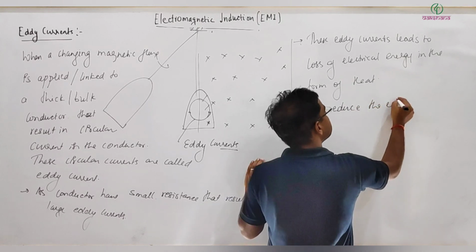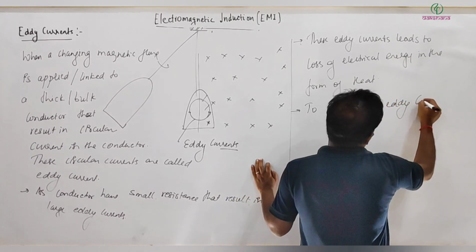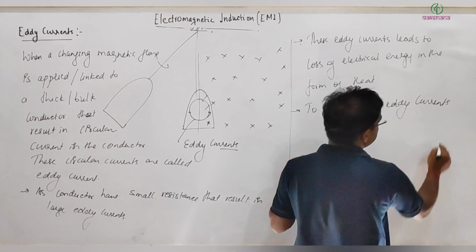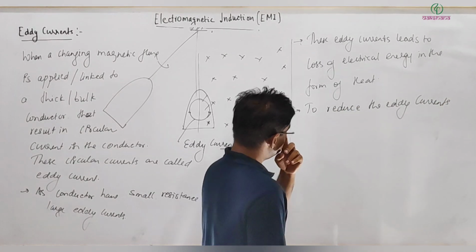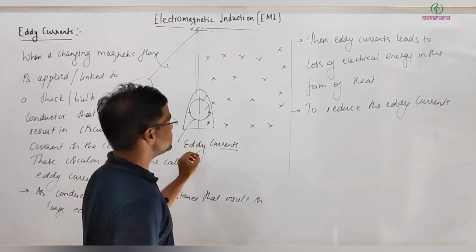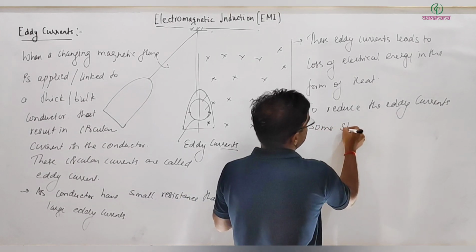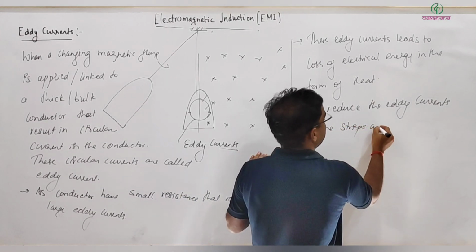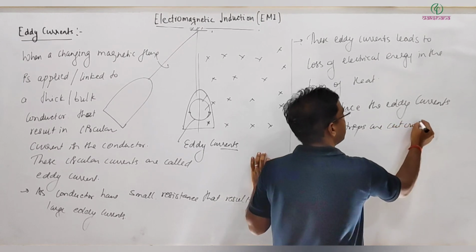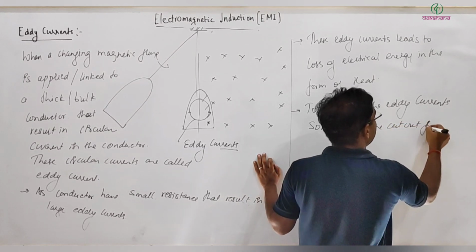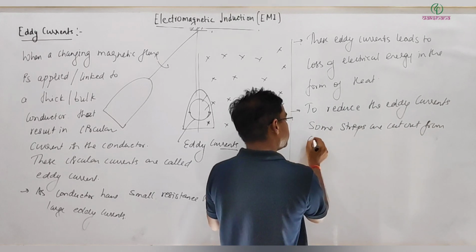Reducing eddy currents means reducing the loss. Sometimes strips are cut out from the conductor.